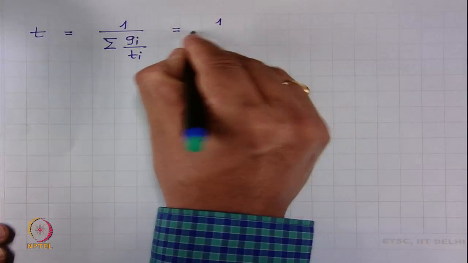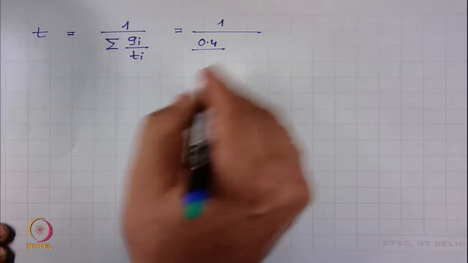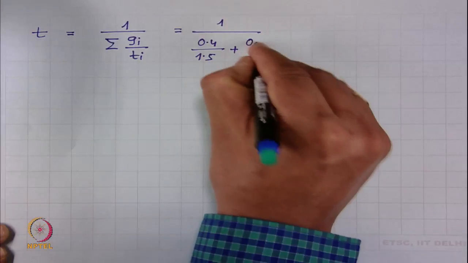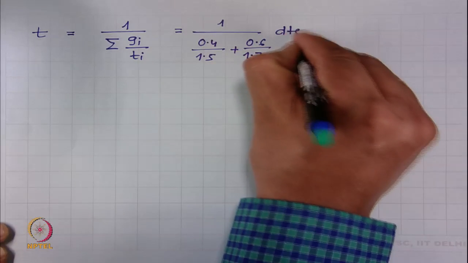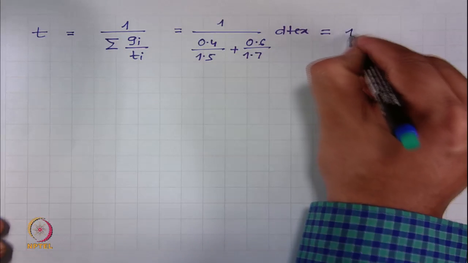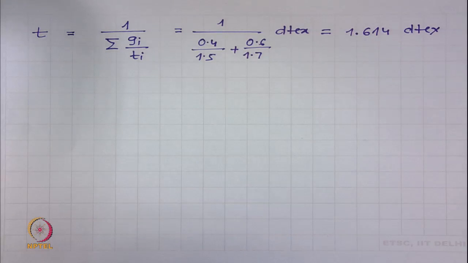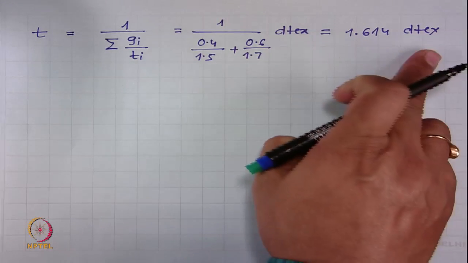So, 1 divided by G1 by T1, 0.4 by 1.5, plus G2 by T2, 0.6 by 1.7. This value will come in decitex. So, we obtain our first answer. The mean fineness of fibers in the blend is 1.614 decitex.